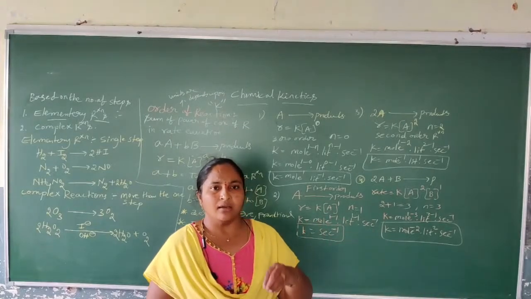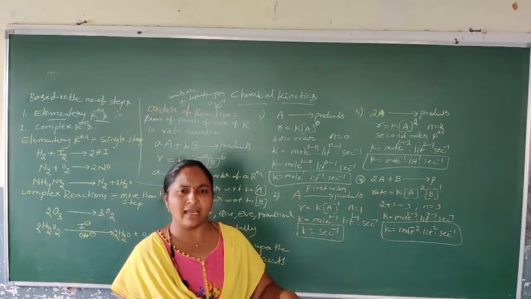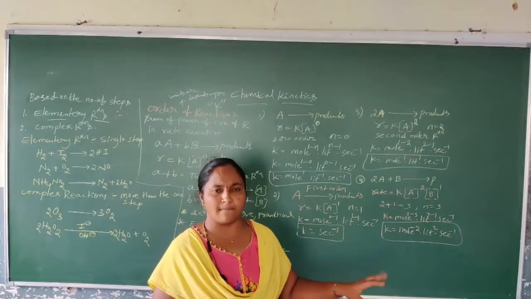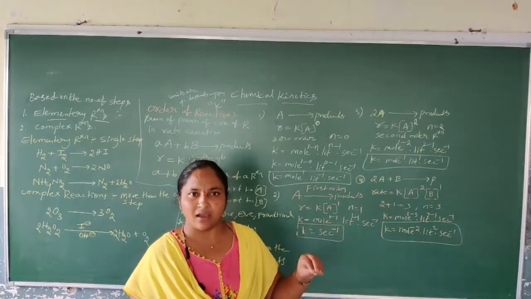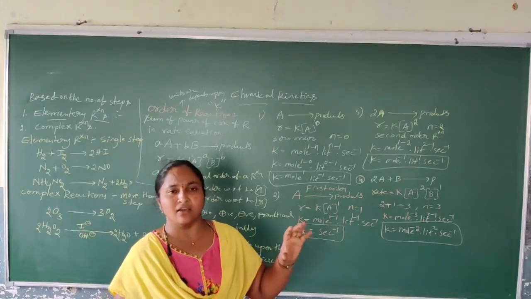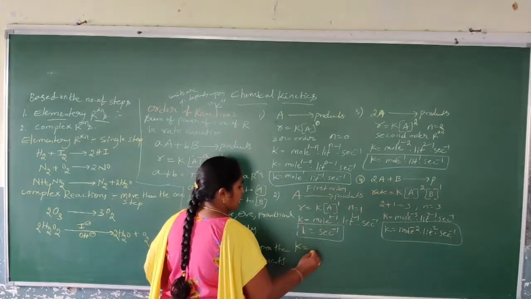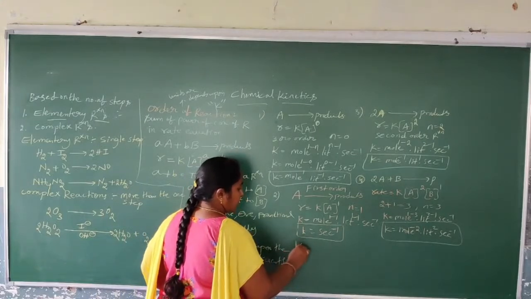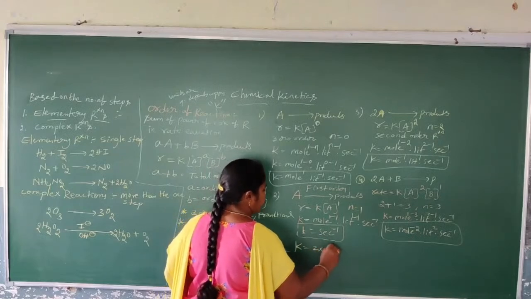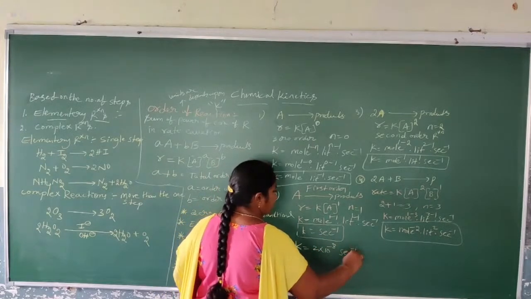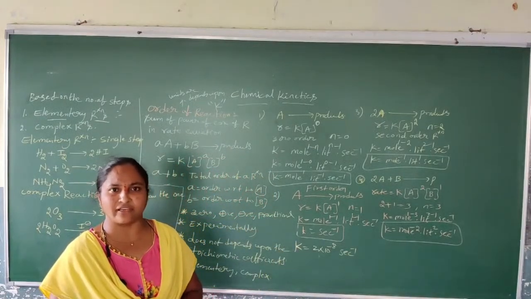For example, ethyl acetate is involved in hydrolysis. We get acetic acid and alcohol. For that reaction, the K value is 2 into 10 to the power of minus 8 second inverse, and they ask which order of reaction it is.